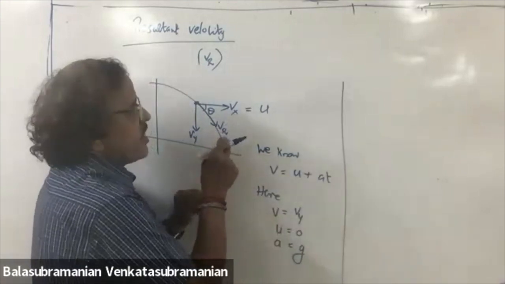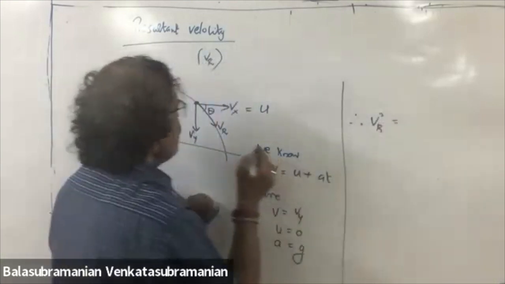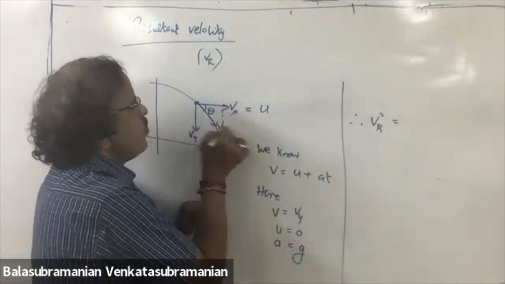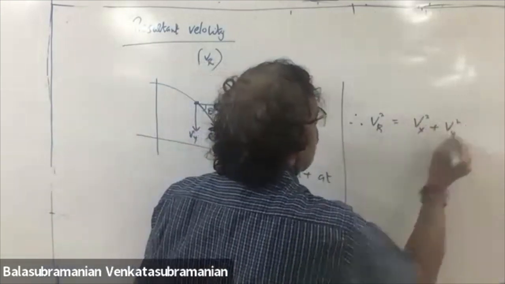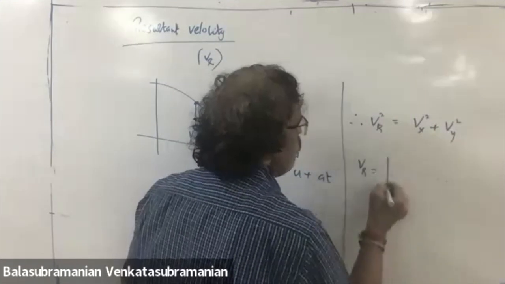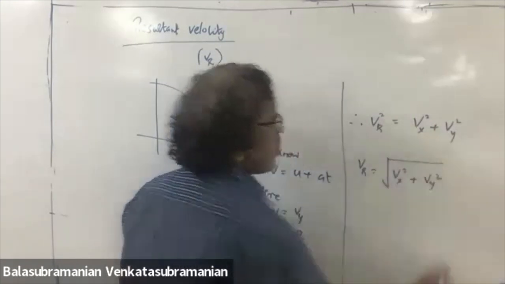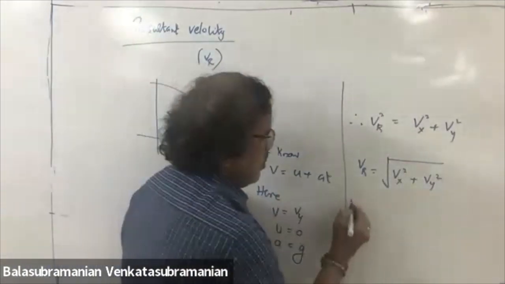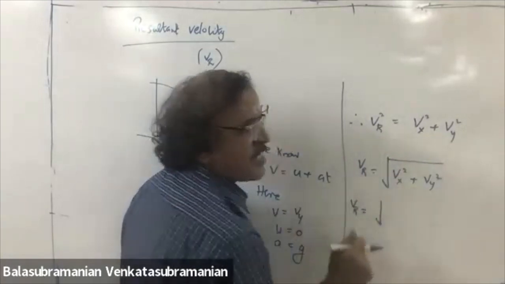So, by Pythagoras theorem, Vr square is equal to Vx square plus Vy square. Vr is root of Vx square plus Vy square. That is, Vr is equal to root of, what is Vx square?